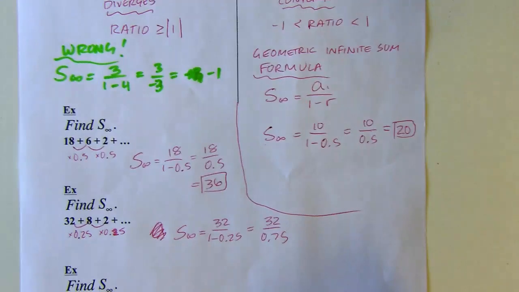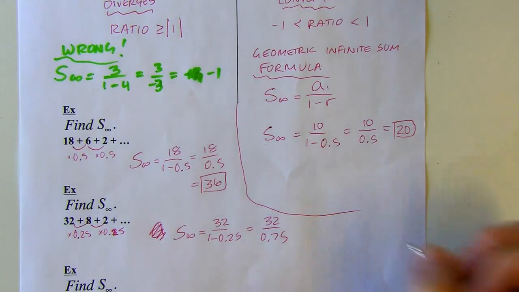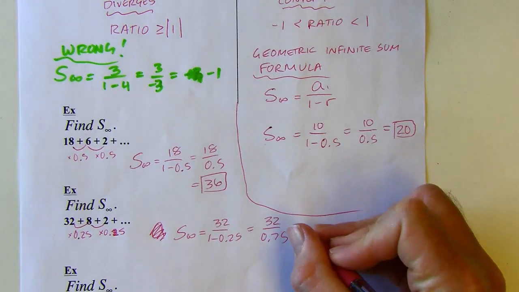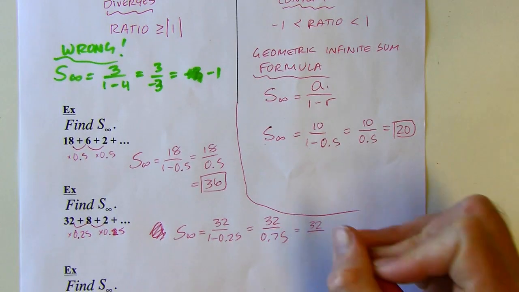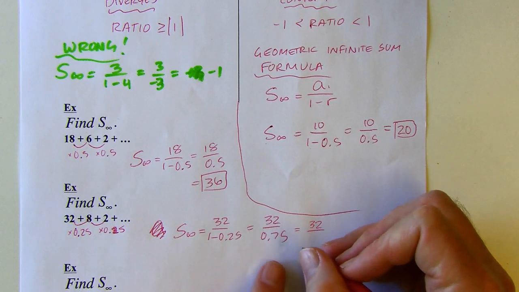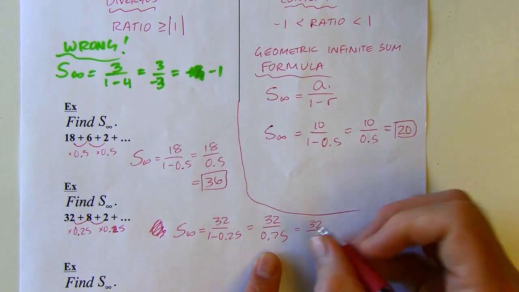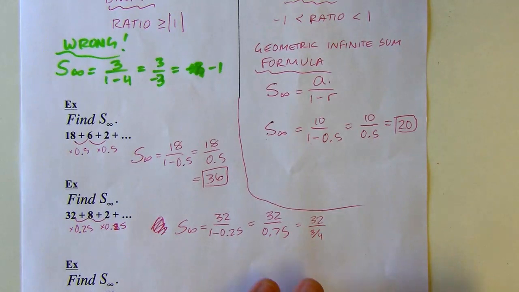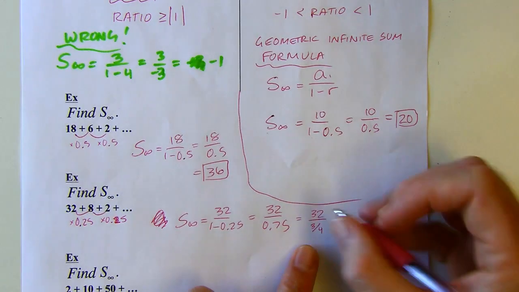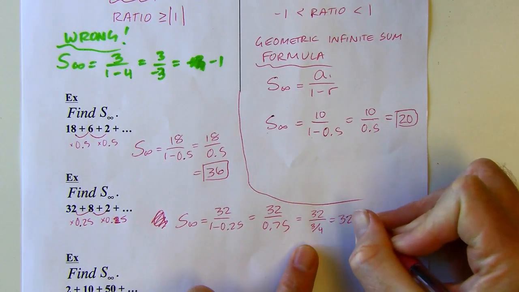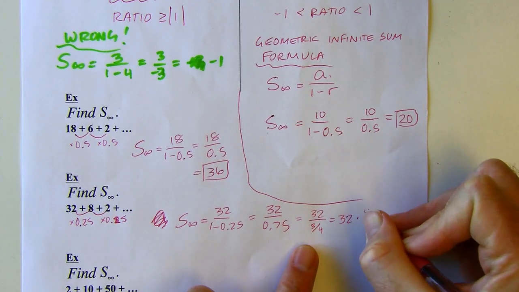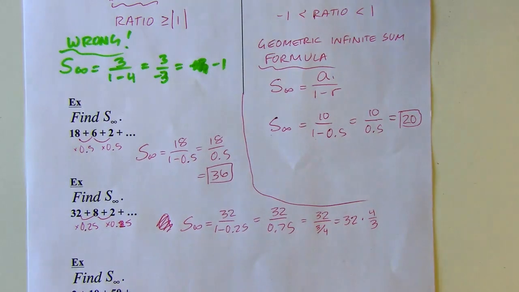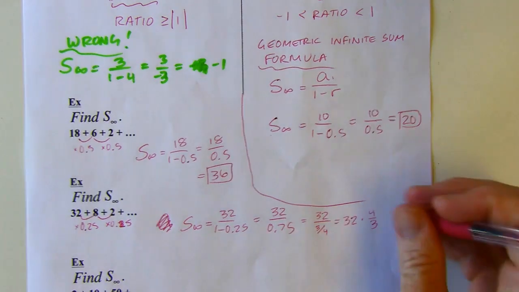Okay, so you can put that into a calculator, but just to show you, you could also do this pretty easily by hand. If you think of this as 3/4, right? So I've got 32 divided by 3/4. When you're dividing by a fraction, that's the same as multiplying by the reciprocal of that fraction. And then 32 times 4 is 128.